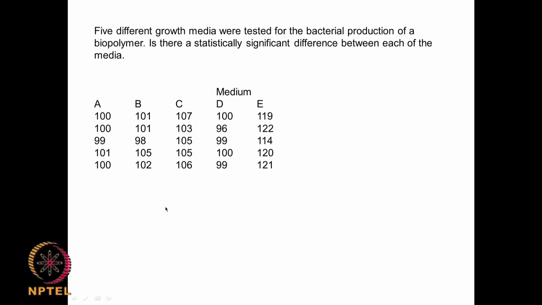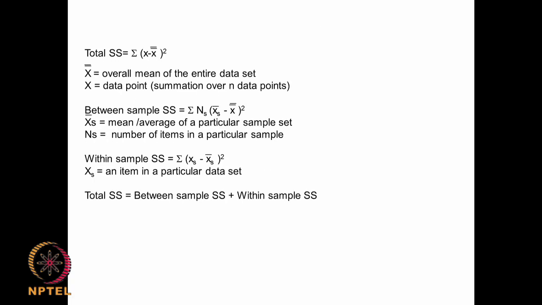Then when you add up, that will give you the between sample sum of squares. We have 5 sets of groups tested, so in this particular case we are going to multiply by 5. For each one of them there is going to be an average, and then you subtract the total overall average and square it up.